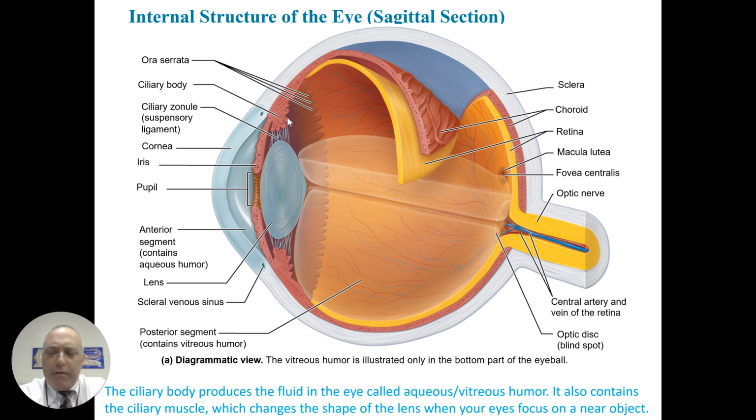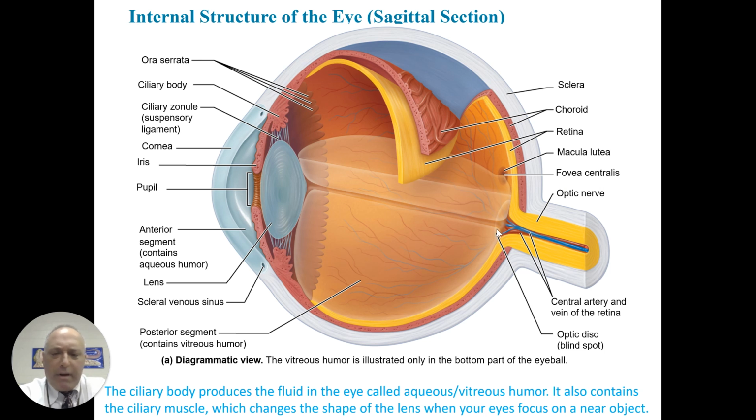Now the ciliary body is what creates this humor, both the aqueous and the vitreous humor in the eye. The outer covering of the eye is called the sclera, and it goes all the way around. And then there is the choroid, another layer beneath that, and then there's the retina. Now the retina is made up of rods and cones, and we'll take a look at the retina in a little bit.